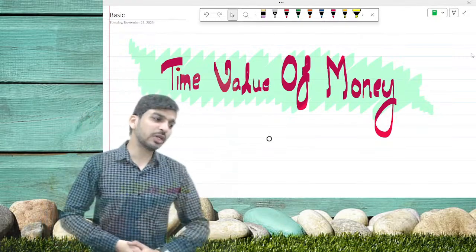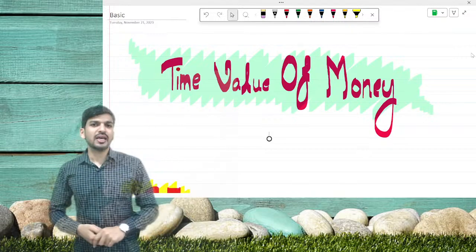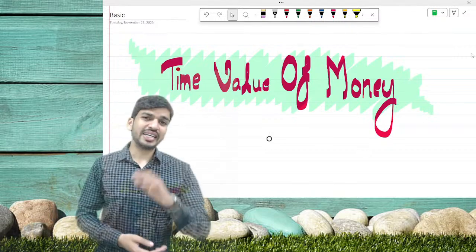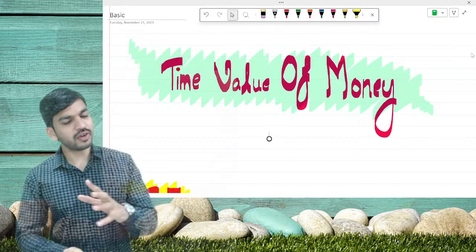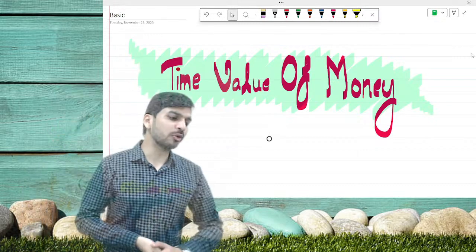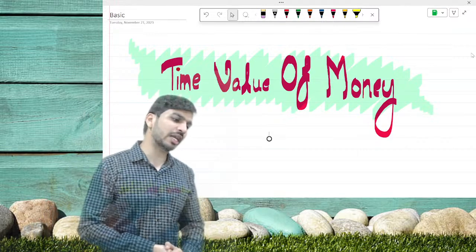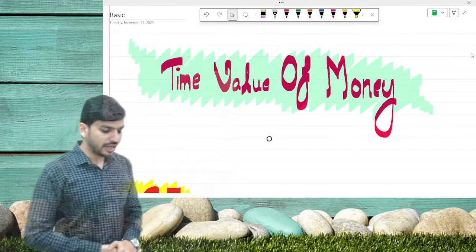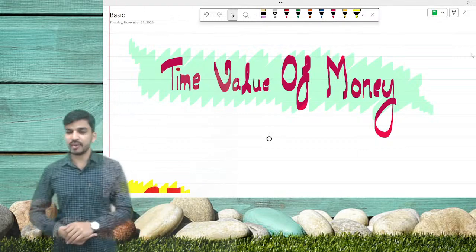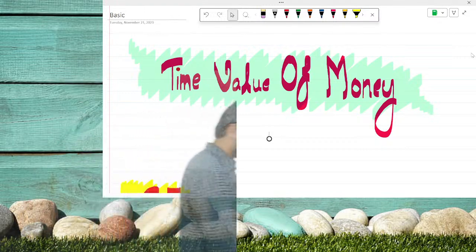We are going to use many tricks. 99% of the portion of compound interest can be calculated directly on your calculators. So all of you be ready with your calculators, and let me also be ready with my calculator.